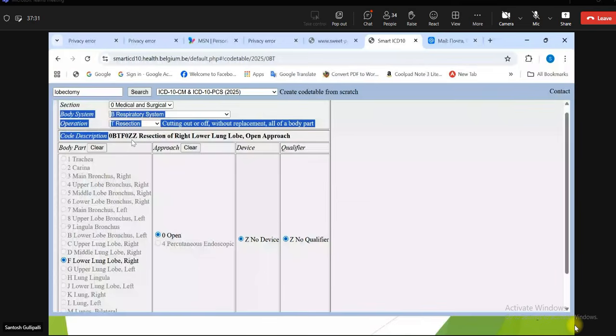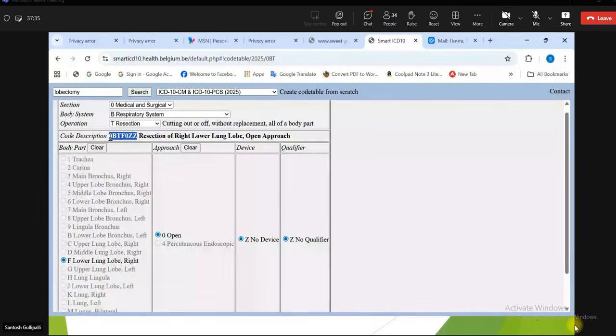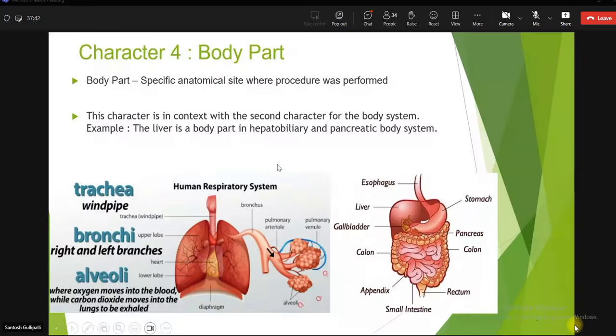Don't remember any single PCS code. So this is like body part. For example, in the digestive system, some biopsy is performed. At that time, what is the site? Site means the body part, like duodenum or stomach or esophagus or sigmoid colon or ascending colon or descending colon or anus or rectum.